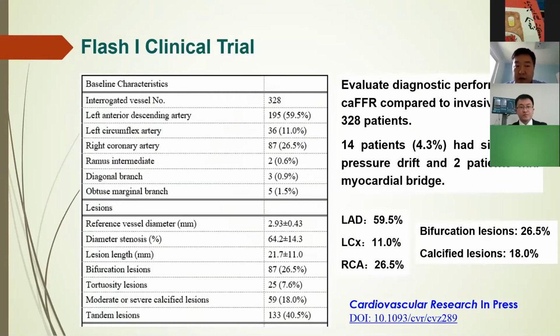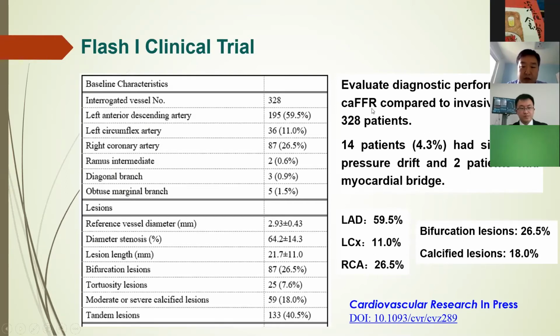So we carried out the FLASH-1 clinical trial. In the FLASH-1 clinical trial, we evaluated the diagnostic performance of CAFFR compared with invasive FFR in 330 patients. In the trial, there were 2 patients for whom we could not get the angiogram. So in the final case, we only have 322 patients.